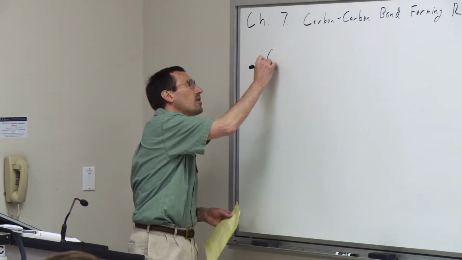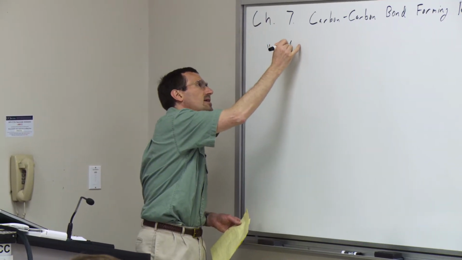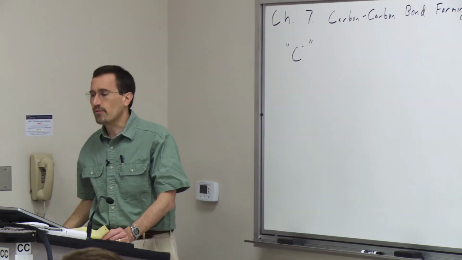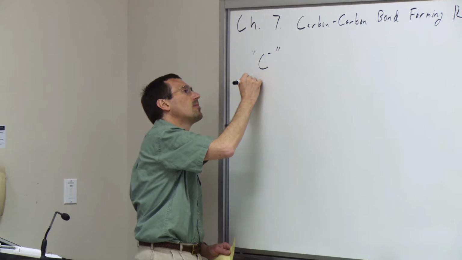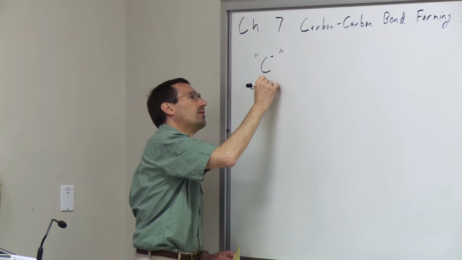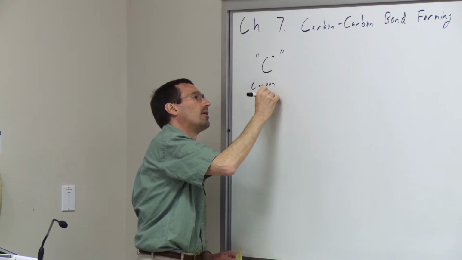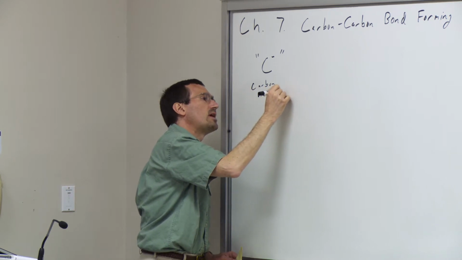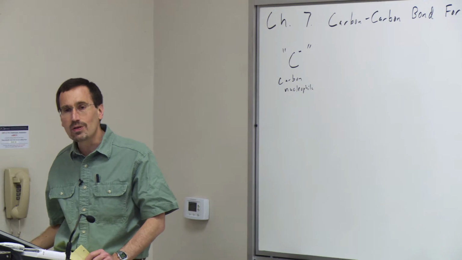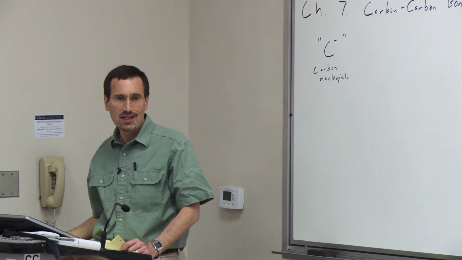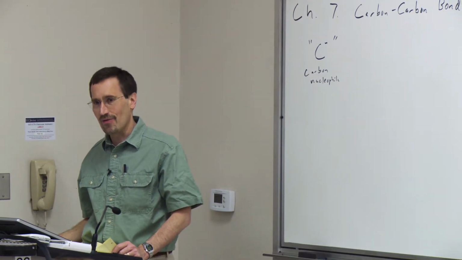All right, so to begin, for many, many carbon-carbon bond-forming reactions, we're talking about the reaction of some carbon nucleophile, which I will write as C-. Now, you don't get naked carbanions in carbon-carbon bond-forming chemistry.